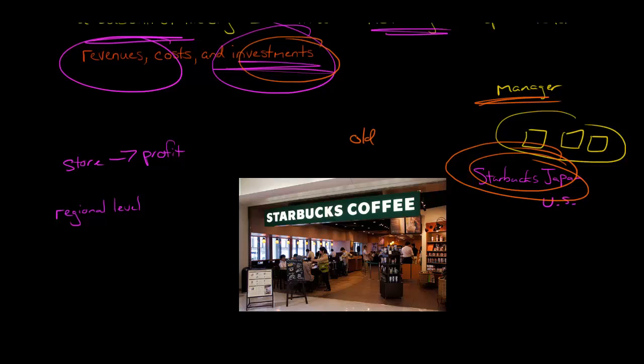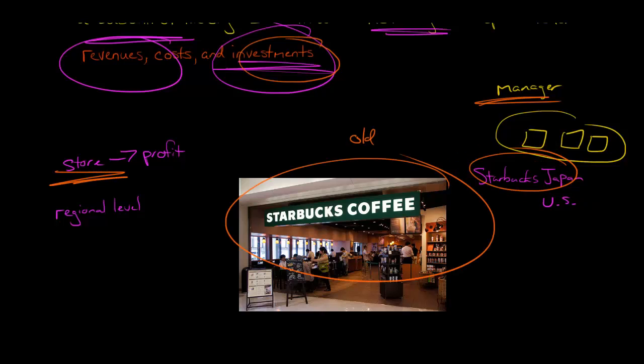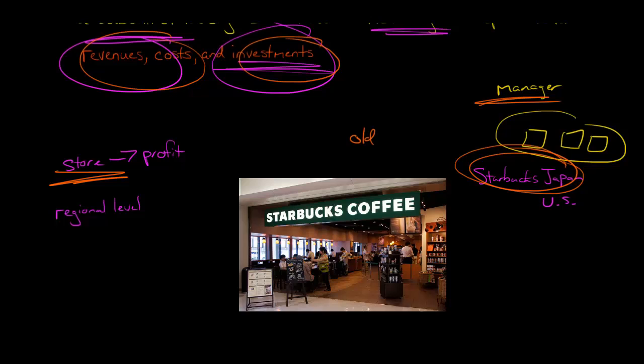Starbucks Japan would be an investment center, whereas a single store in Starbucks Japan, by itself, is a profit center. But the region, Starbucks Japan, if they have the authority not just to say, okay, what are our revenues and costs for Starbucks Japan, but we can make investments and be evaluated based on those investments, then Starbucks Japan would be an investment center.